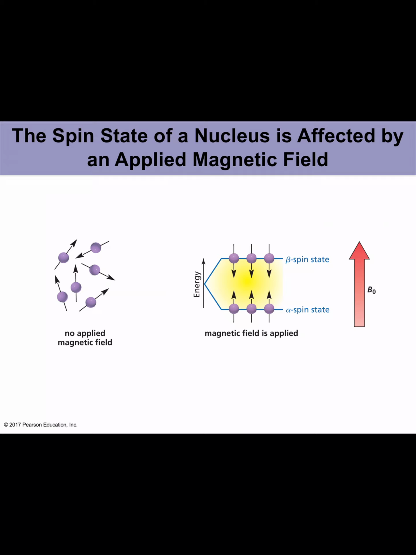The spin state of a nucleus is affected by an applied magnetic field. Now, you can consider all of these as nuclei. By itself, a nucleus can face in any direction, right? When the molecules are in a container or in a solution, in a liquid, and no magnetic field is applied, they can face in any direction.